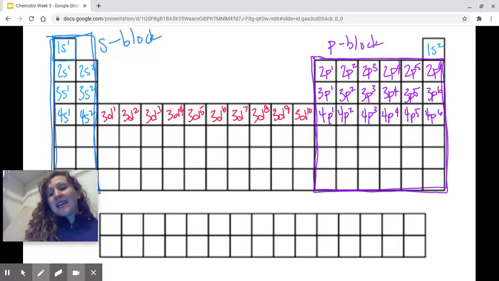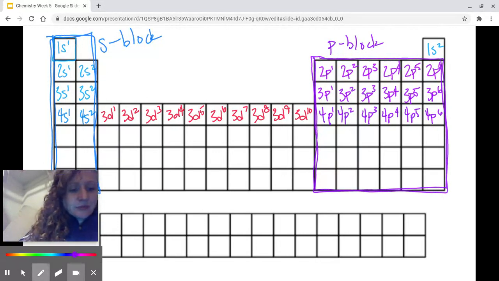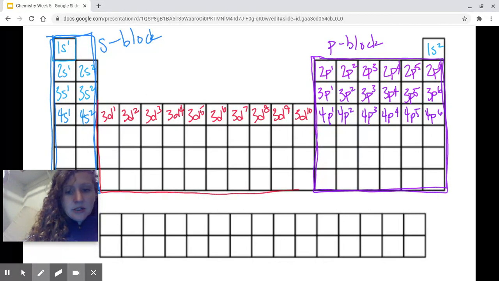Now notice helium's kind of hanging out there in this case all by itself. Helium in terms of blocks really does belong with the S block. But there are other reasons that we really haven't talked about yet why helium should be classified where it is. And so for now, when we're talking about blocks, we just assume helium is part of the S block. It's just not over there right now. Okay. You see a block in the middle here.